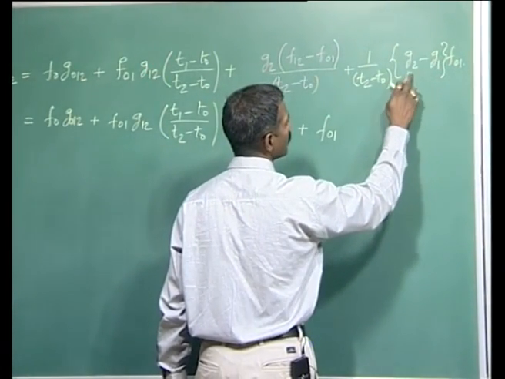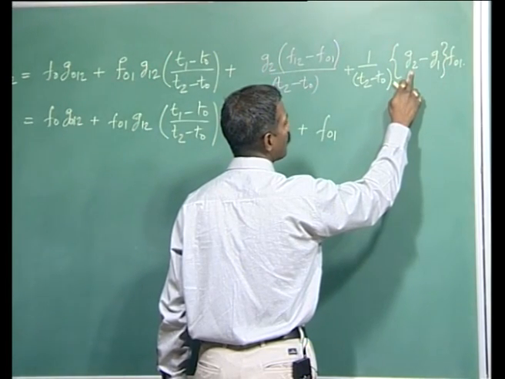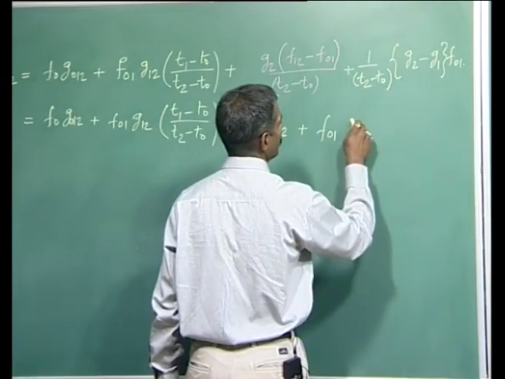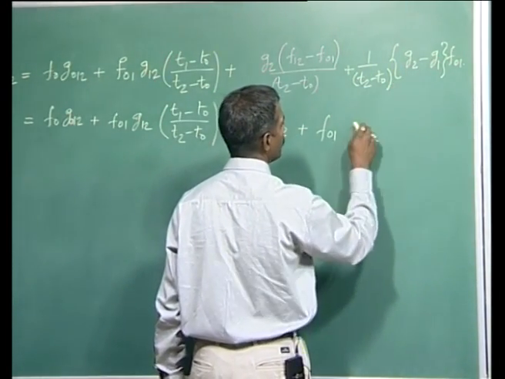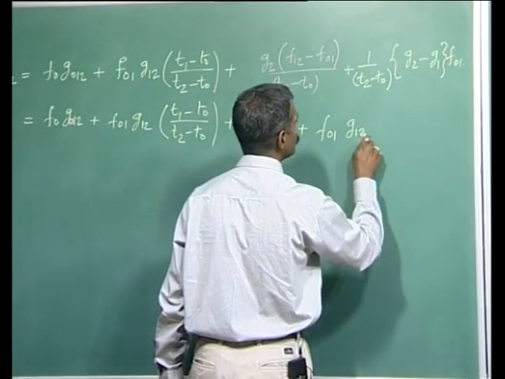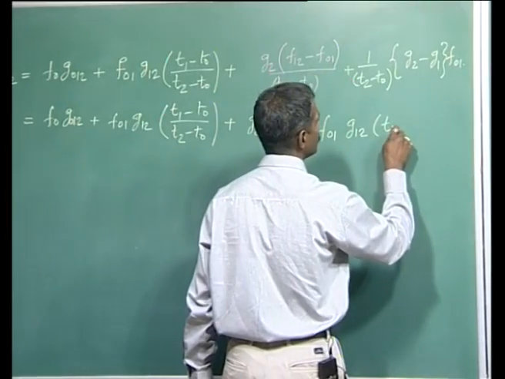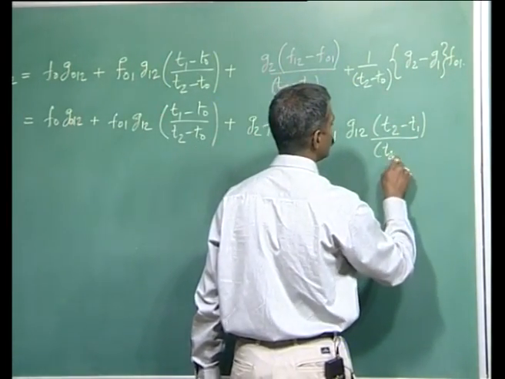I can multiply and divide by T2 minus T1. When I do that and simplify this a little further, this would be G12 times T2 minus T1 over T2 minus T0.